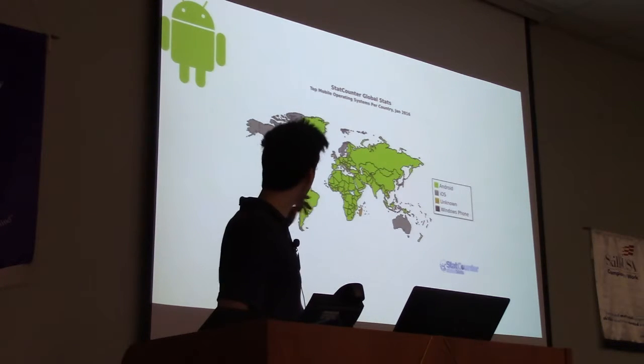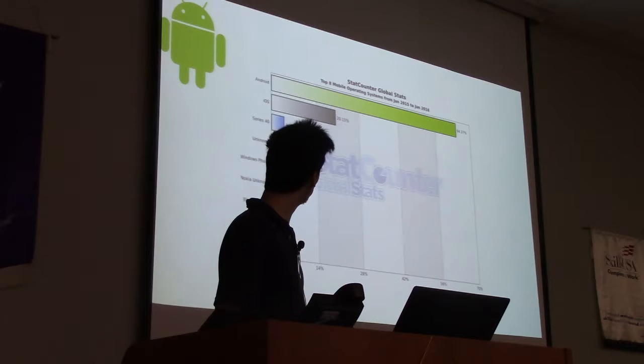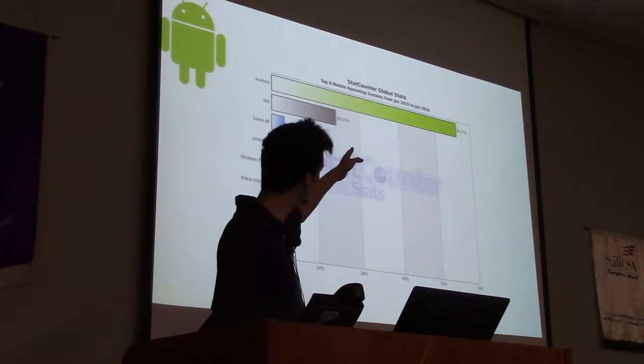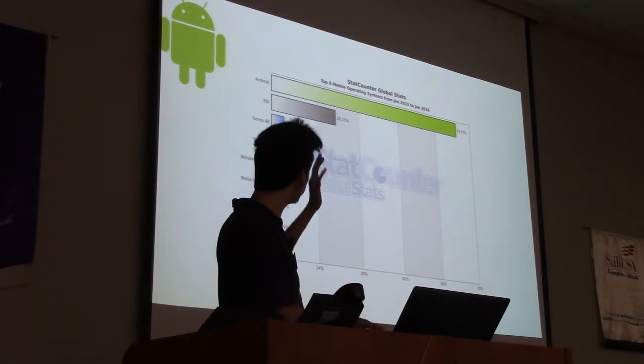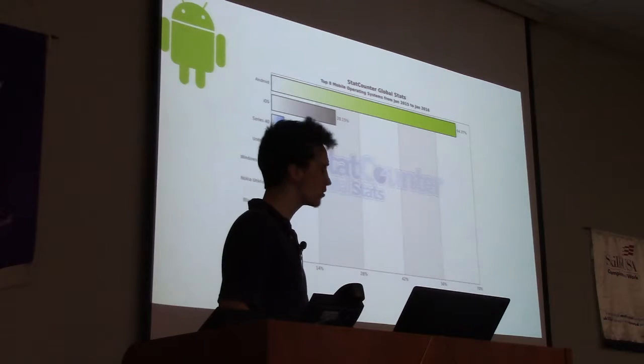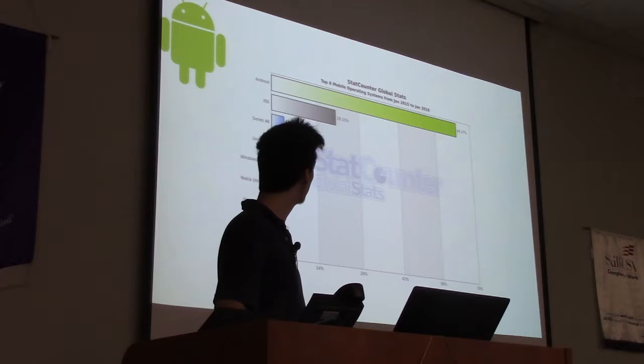I don't even see the color describing Windows Phone there. Here are some hard numbers for you. About 64.37, from January 2015 to January 2016. That is the current market share of Android.